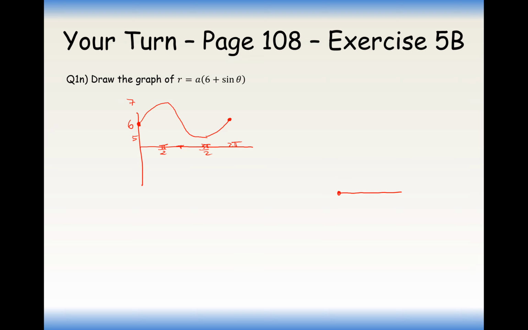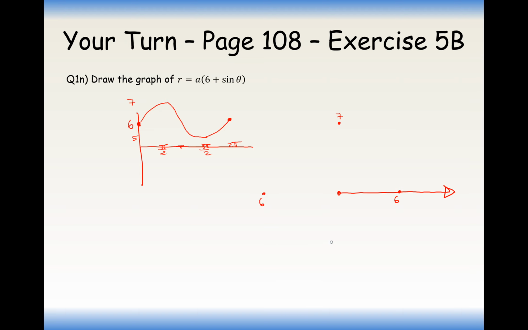So the way that I draw polar graphs is I just draw the initial line and that's it. So then I'll know that my starting graph will start at 6. It will then move out to a radius of 7, so I've got to draw that a little bit further away than 6. Then it will come back to a radius of 6 at pi radians.